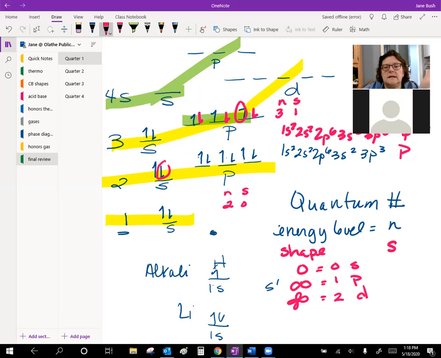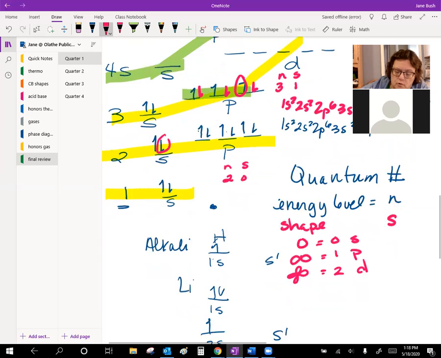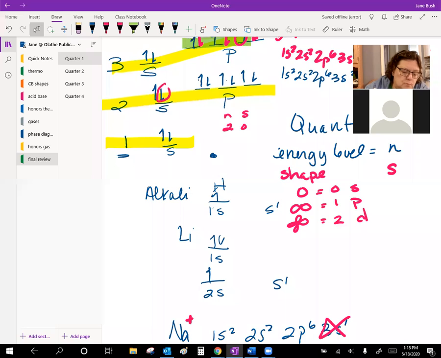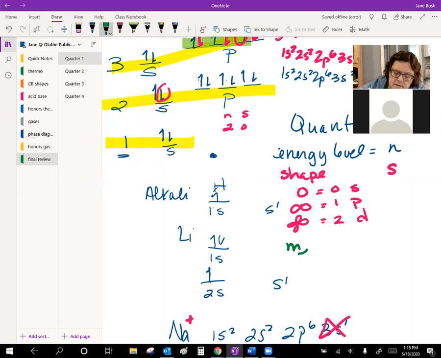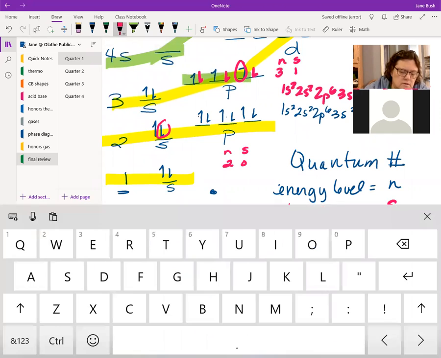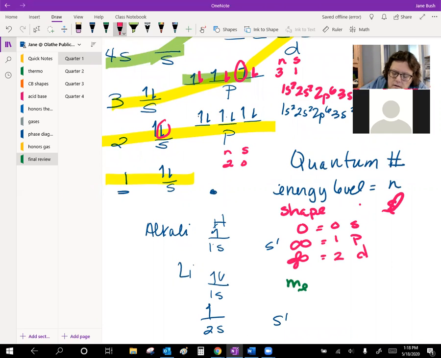And l stands for secondary principal number, and n stands for primary principal number. Okay? So, quantum numbers. The 3rd one is which particular electron we're talking about, and it's, oh, this is not s, it's l. Sorry, guys. That's l, not s.